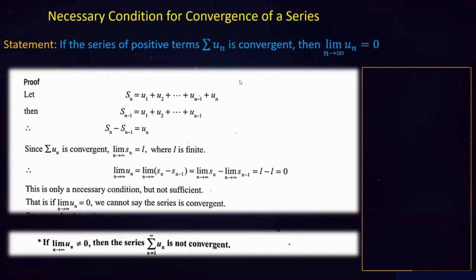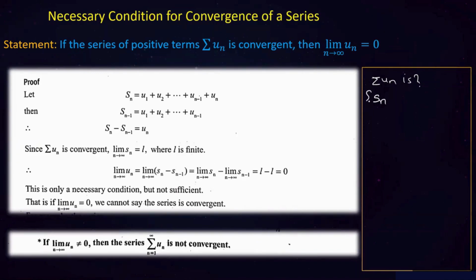Okay, but anyway, let me just try to prove this. Let me explain the proof of this, how the limit will be equal to 0. Looking at this, understand what you are given here. You are simply given that the series un is convergent. Understand how you are verifying whether the series is convergent or not. To verify whether this is convergent or not, we are always defining a sequence of partial sums, isn't it?